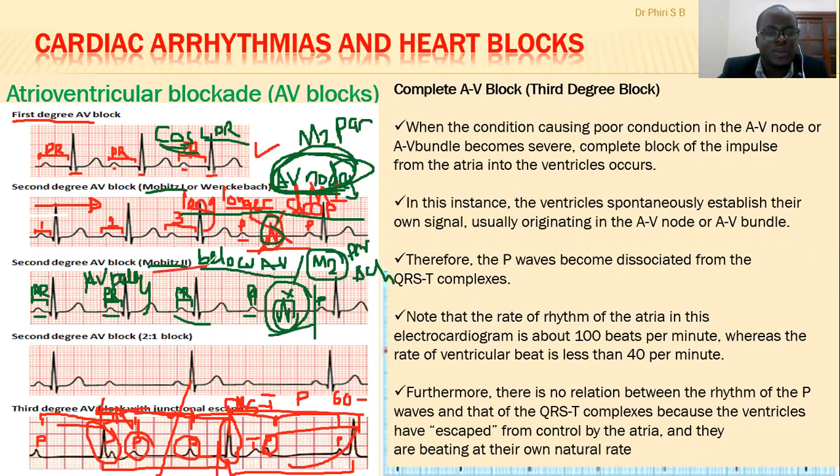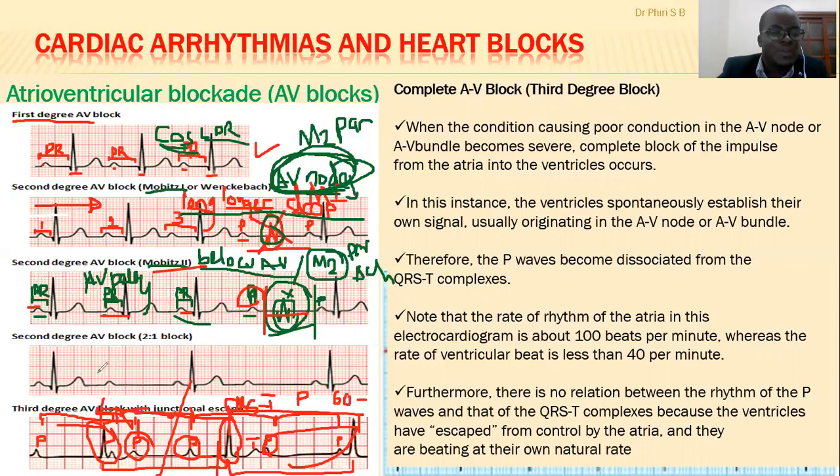So here you have a normal PR interval, but this normal PR interval is followed by a P wave with a missing bit. Why? Because at this point there's no conduction of the P wave to the ventricles. So you have the second degree heart block type 2, or Mobitz type 2. That's how you differentiate it from Mobitz type 1.